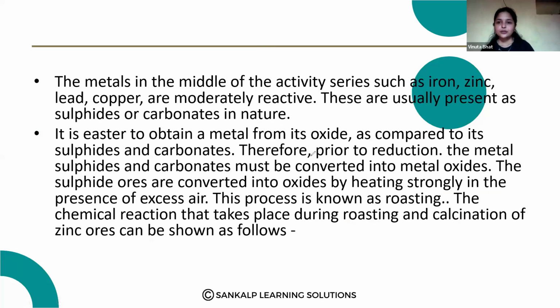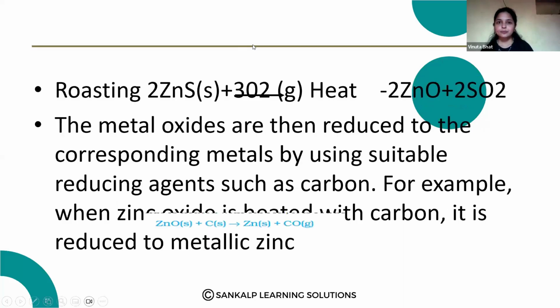Prior to the reduction, the metal sulfides and carbonates must be converted into metal oxides, because obtaining the metal from its oxide is easier than from the sulfide ore. So the roasting process is involved. When zinc sulfide is roasted, it is treated with oxygen, and it forms zinc oxide and sulfur dioxide.